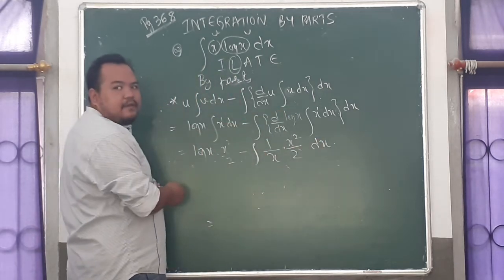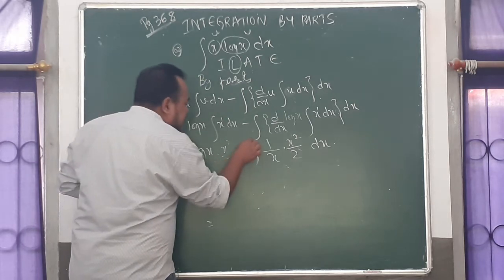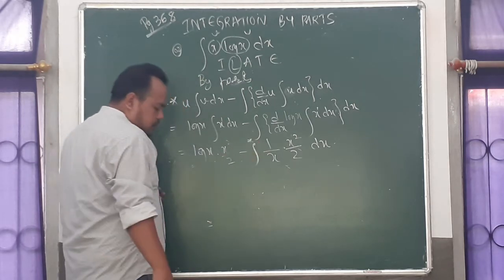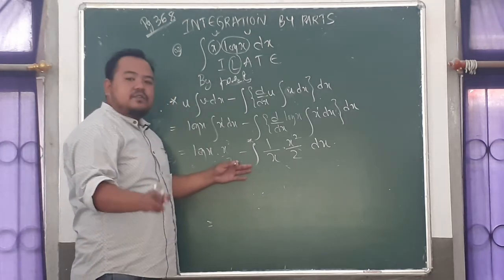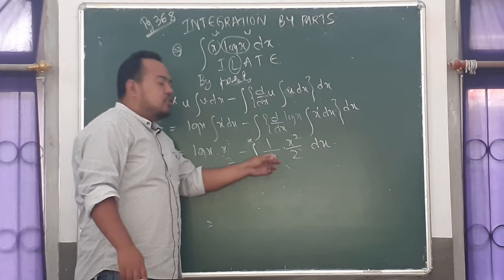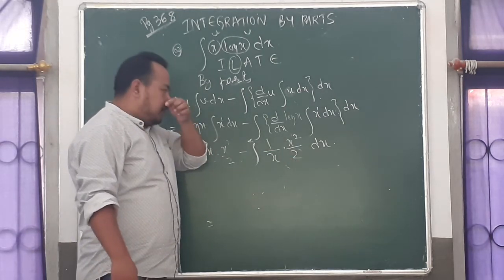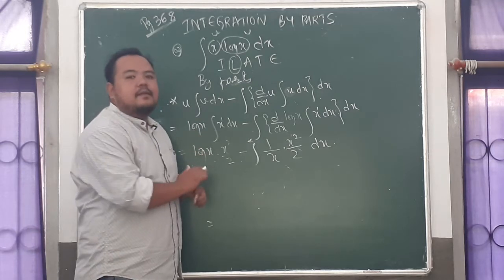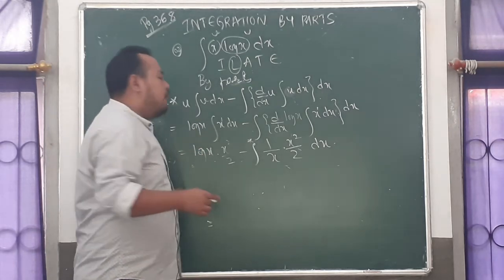Just applying the by parts formula is easy, but the second integration might cause some problem. There might be two functions, but since the functions are the same, we can cancel them and make it 1. So when you get only one function, you simply apply the formula.